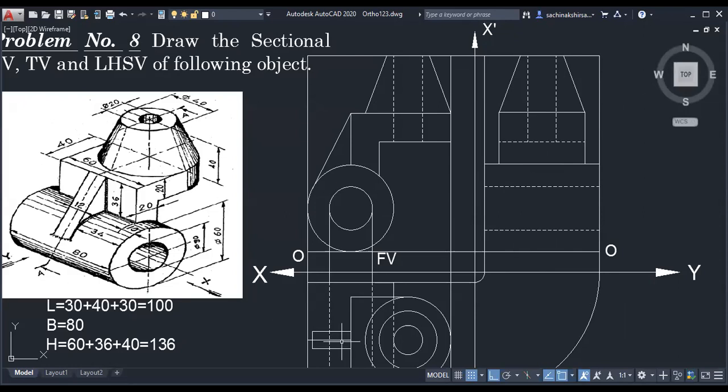Cylinder we have drawn, middle part we have drawn, topmost part we have drawn. Circle dotted we have shown. What is remaining? Rib is remaining. Rib we have not drawn.